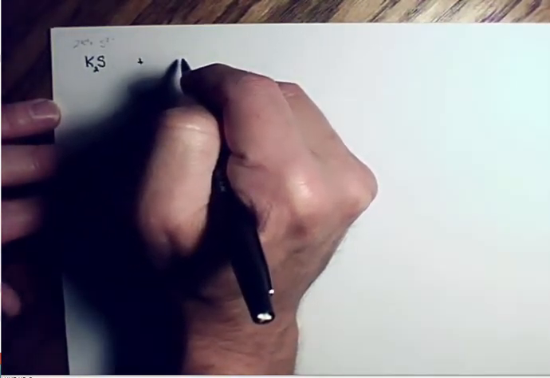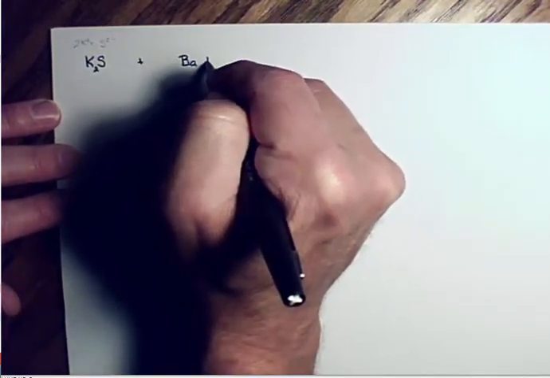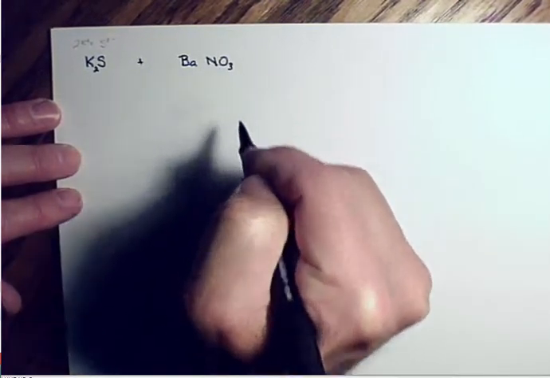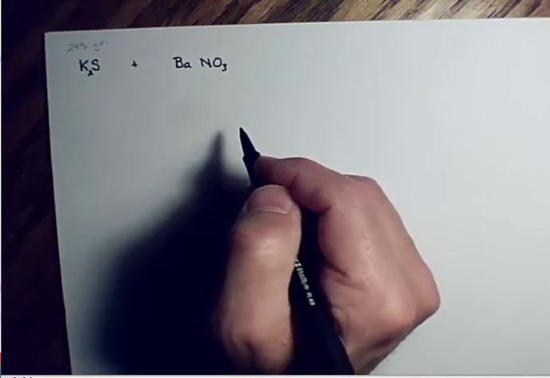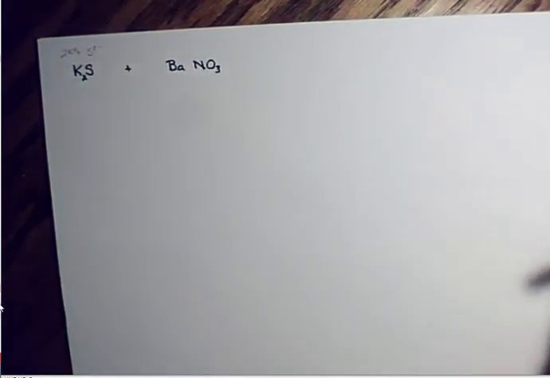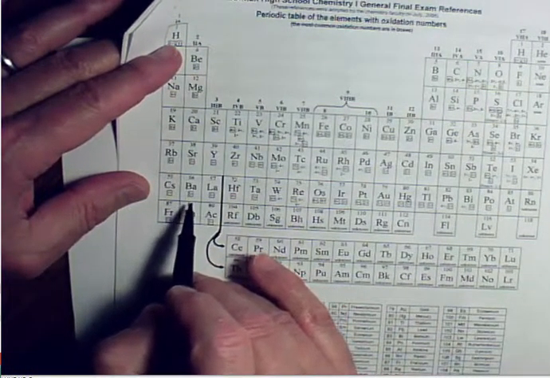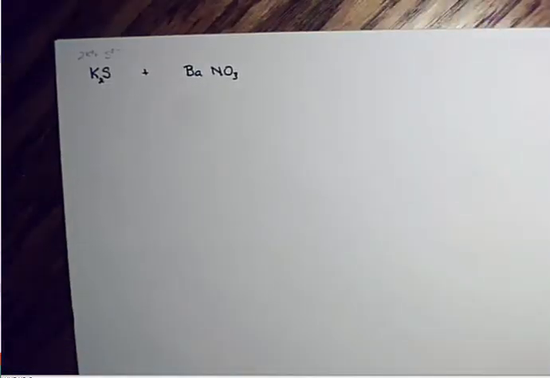Well, barium nitrate. Barium is Ba and nitrate is NO3. And barium has a charge of 2+.